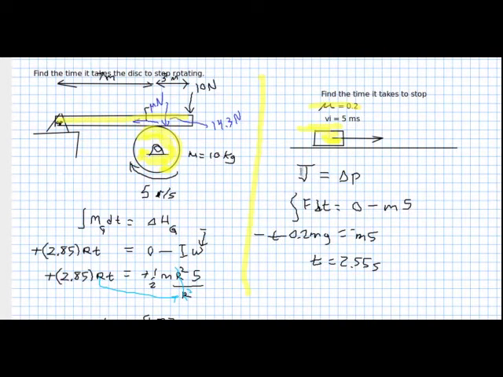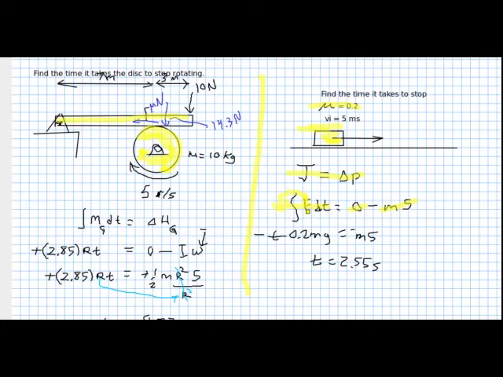Okay, so in the right-hand side, we would use impulse equals change in momentum. Our final momentum is 0 because it's come to a stop, minus the initial momentum, which is mass times velocity, so mass times 5 meters per second. And on the left side, the impulse, of course, by definition, is the integral of F dt. In this case, the F is a constant, so it can come outside the integral. That force is mu times the normal force, and in this case, the normal force is mg.